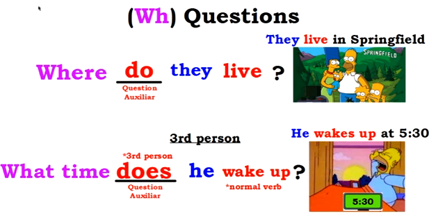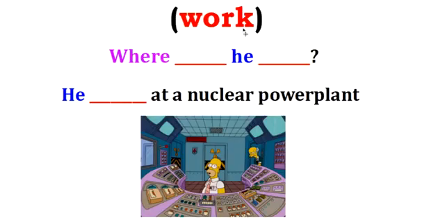Okay, time to practice. Practicing with the verb work. For example, where does he work? Where does he work? And the answer, he works at a nuclear power plant.